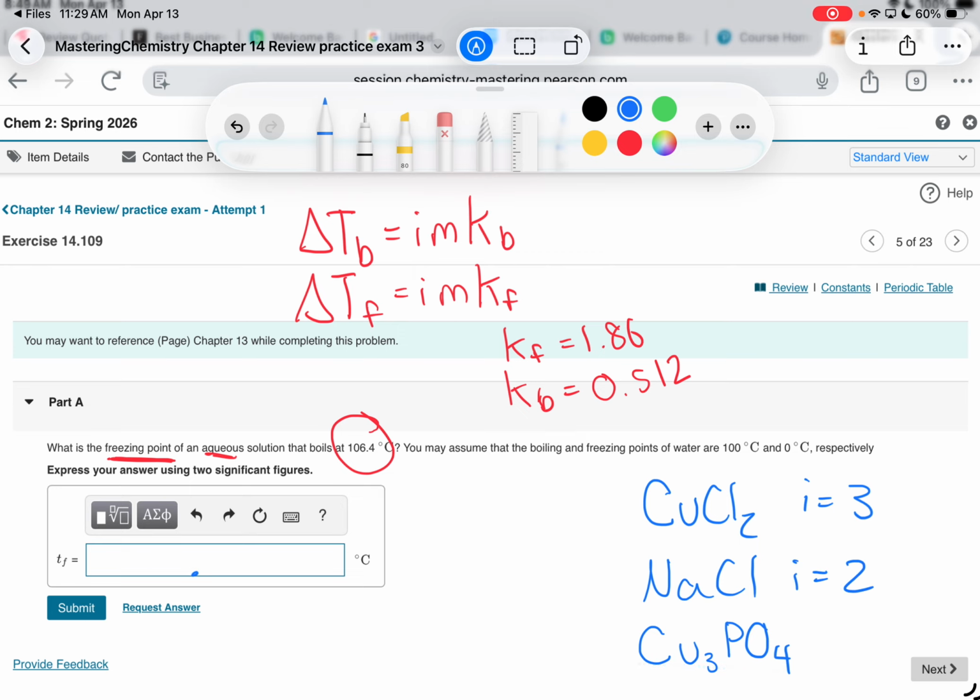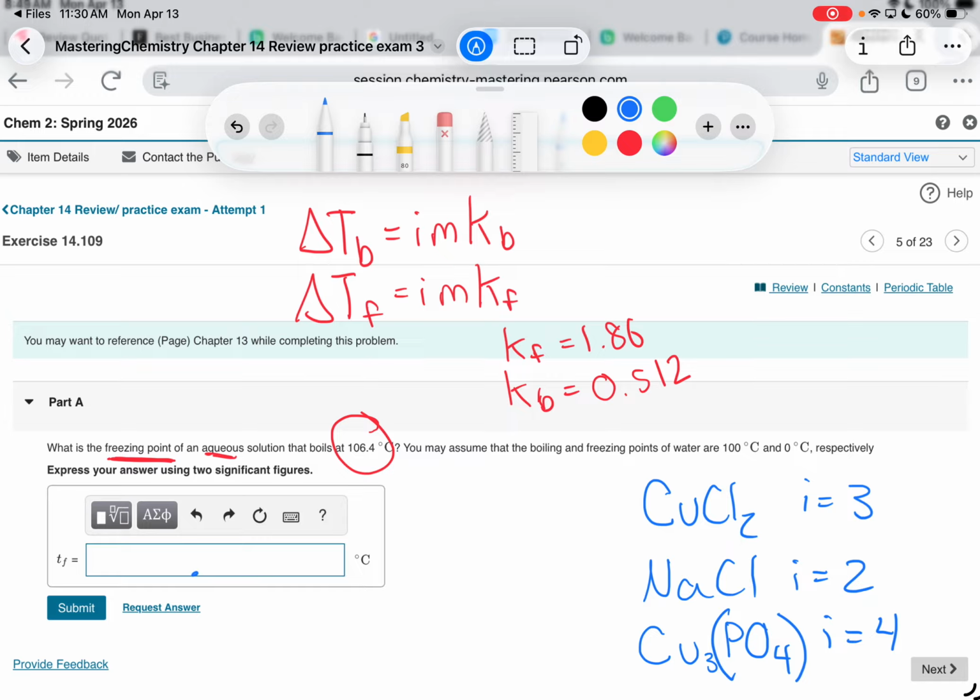And then don't forget with polyatomic ions, like phosphate, that stays its own little unit, okay? So the phosphate is not going to break up. You would have 3 coppers and 1 phosphate, so a total of 4. Okay, so I know there's questions in the practice exam that require you to incorporate that. You don't have to do that in this one, but you know, it will be in others. Okay, so that's what the I is.